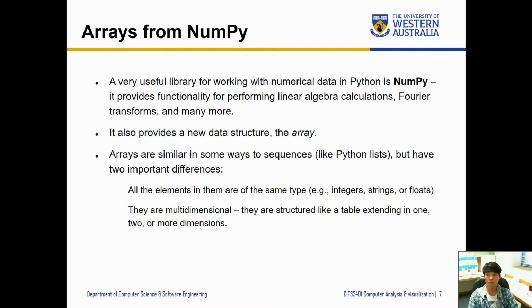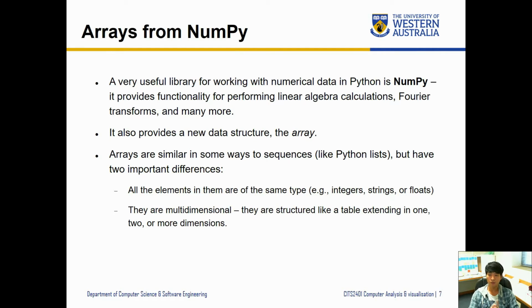Basically, it's like a Python list, but there are two main differences that you should note. Firstly, all the elements in NumPy arrays are of the same type. If you remember Python lists, we were able to put in mixed data types, but as we covered, if you do have mixed data types, then it's probably better to use some other data type.